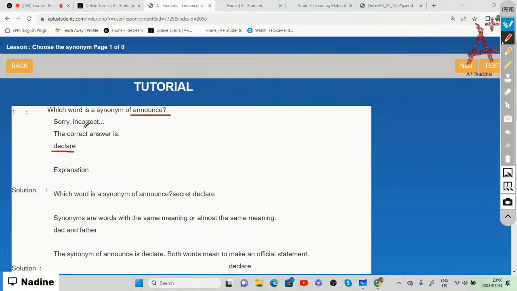Both announce as well as declare make an official statement, right? I am announcing that this is happening. I am also declaring that this is happening. And this is an official statement that we are making, whether you are announcing it or declaring it.